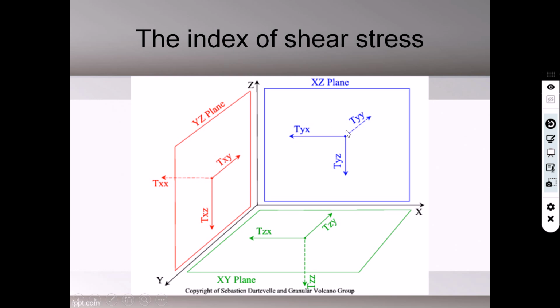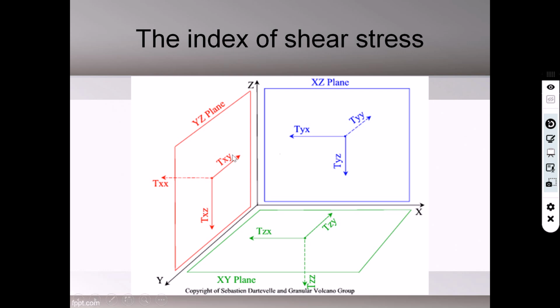So the first index is y. Similarly, for the XY plane, which is this one, your normal vector should be z. So the first index is z. So the first index indicates the surface or the plane this shear stress acts on, and that should use the vector normal to this plane, right?